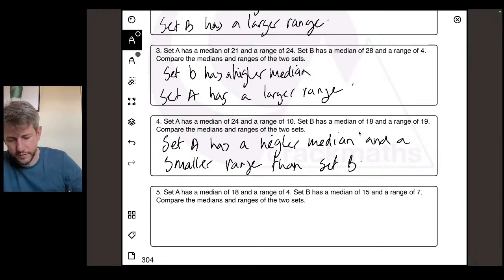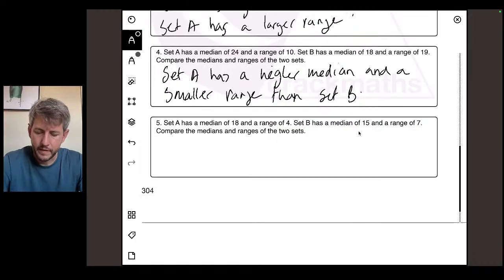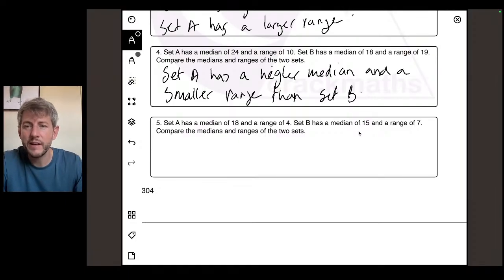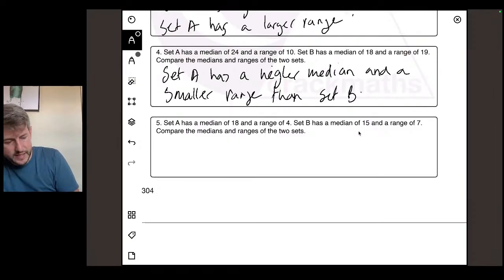Okay, question 5. Set A has a median of 18 and a range of 4. Set B has a median of 15 and a range of 7. Compare the median and ranges of the two sets. Okay, so again, set A has a higher median and a lower range.